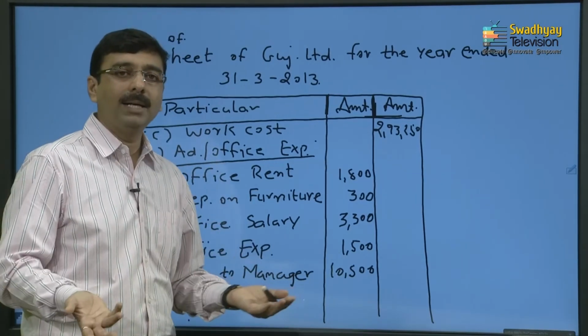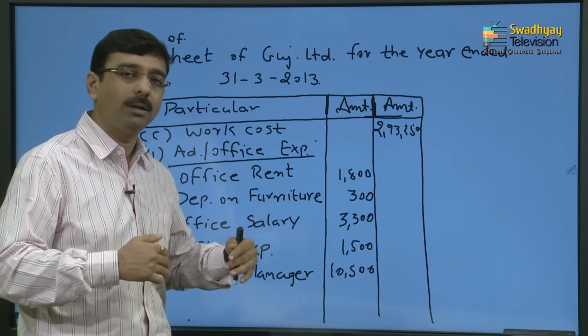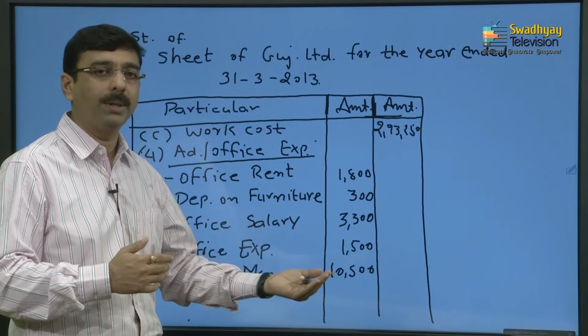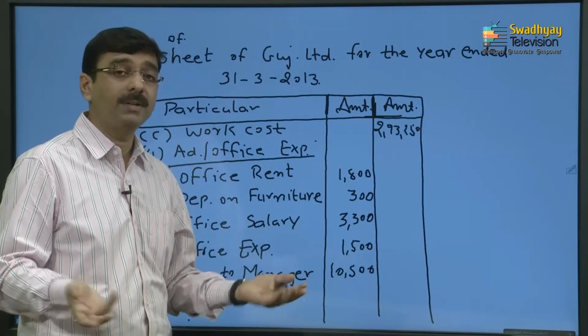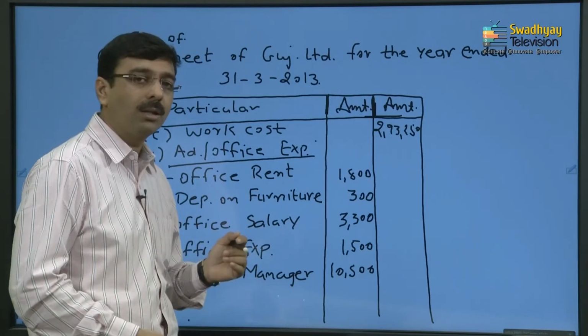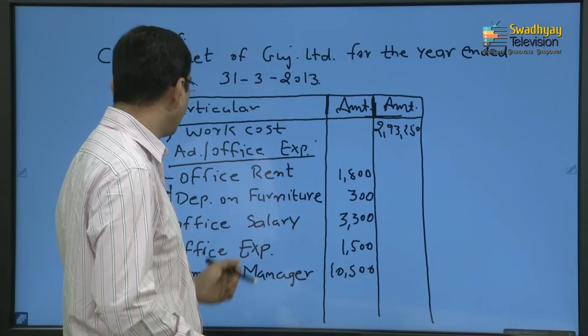Office salary, naturally the salary paid to the employees who are working in the office would be considered under the admin expenses. Specifically mentioned office expenses are also considered under the office expense. And at last, remuneration paid to the manager is also considered under the office expense.